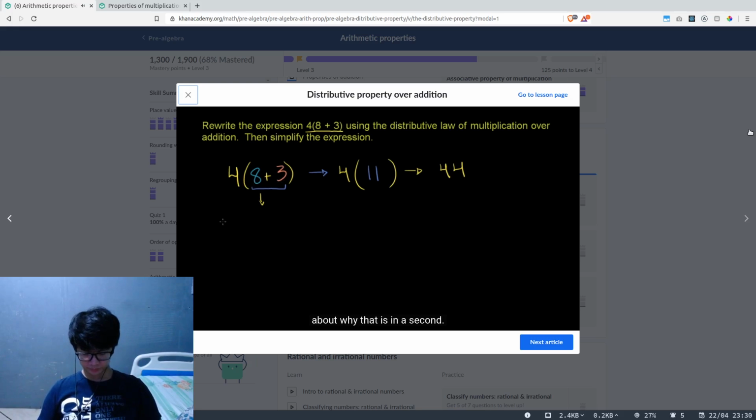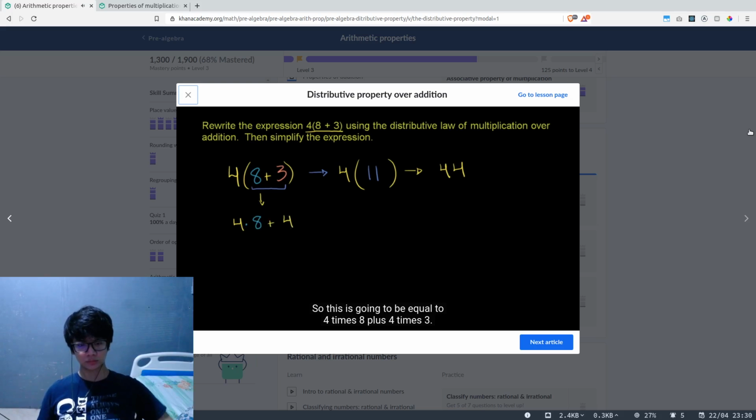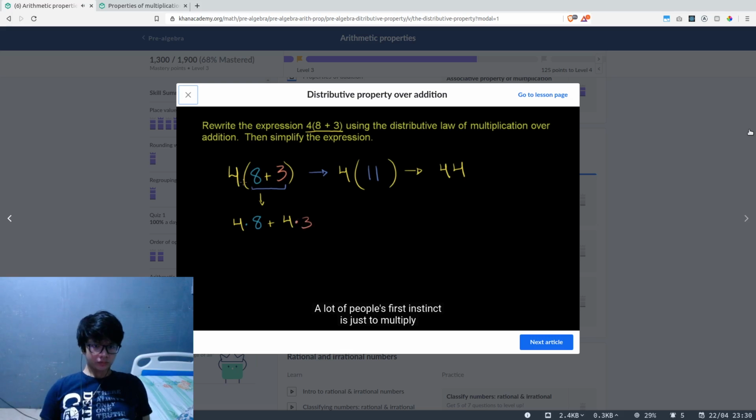And we're going to think about why that is in a second. A lot of people's first instinct is just to multiply the 4 times the 8. But no, you have to distribute the 4. You have to multiply it times the 8 and times the 3. This is the distributive property in action right here.